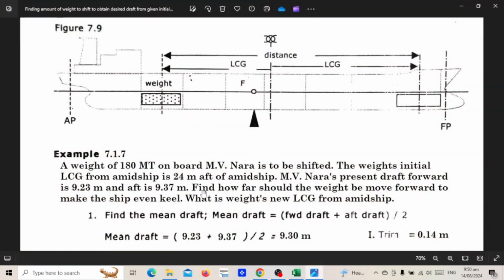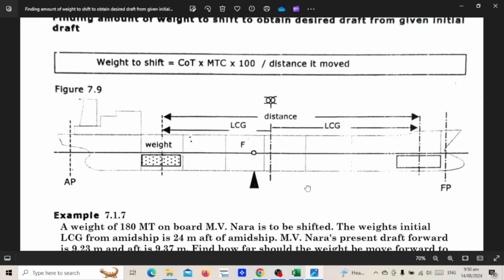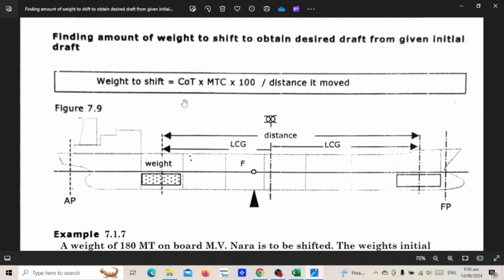So this is the problem, and we still have this diagram as basis for our explanation, and of course this formula to get weight to shift, which equals change of trim times MTC times 100 over distance it moved.